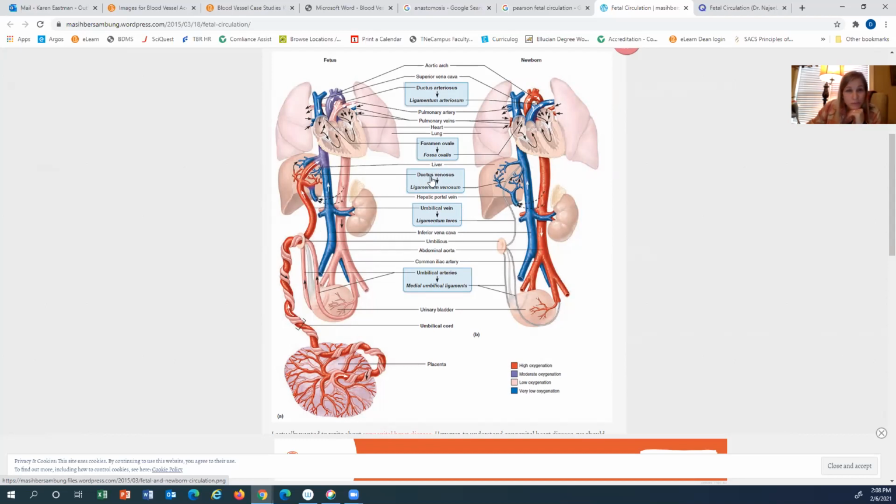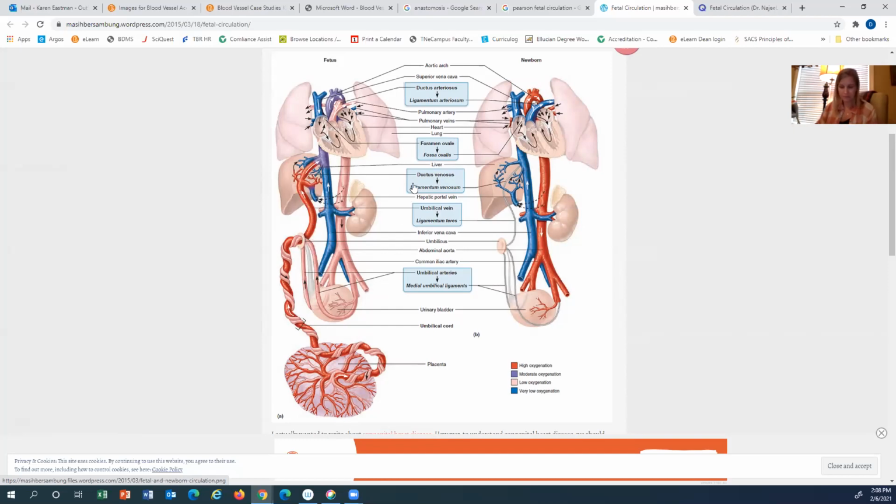Now, we don't have this ductus venosus in the adult because after we cut this umbilical cord, this umbilical vein, which became the ductus venosus, is going to dry up and shrivel up and turn into what we're going to call a ligament, ligamentum venosum. So adults have this ligament, and when we study the liver, you're going to see this ligament hanging off of the liver, and that is a remnant of a blood vessel that used to be in the fetal circulation.